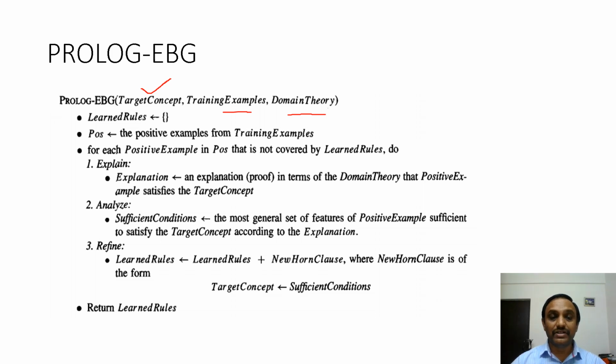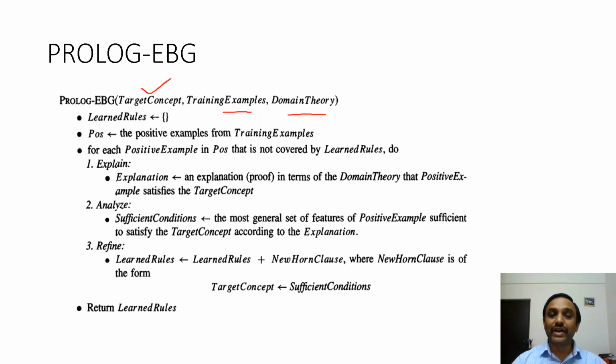first step, explanation: the object properties we are taking, in terms of the domain theory, so that the positive example satisfies the target concept.